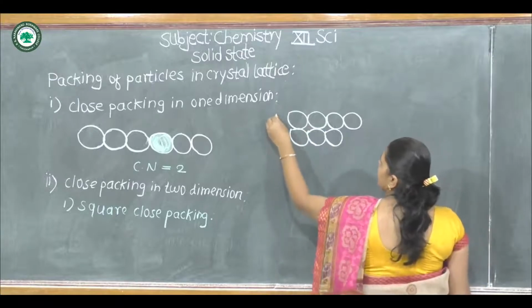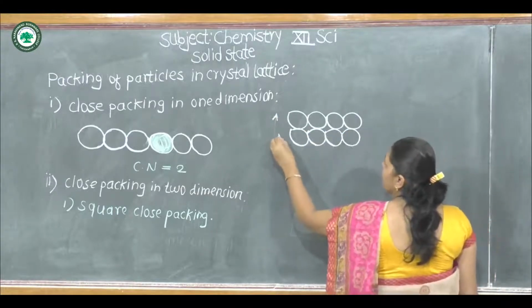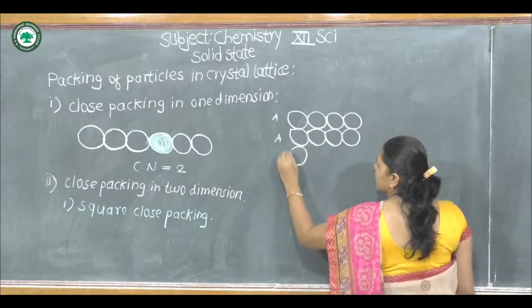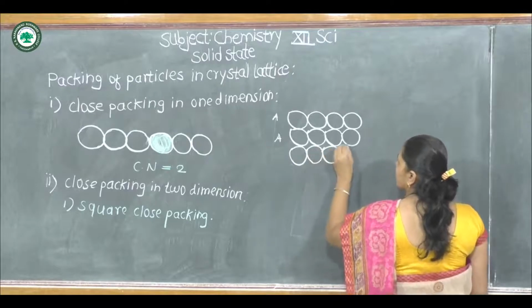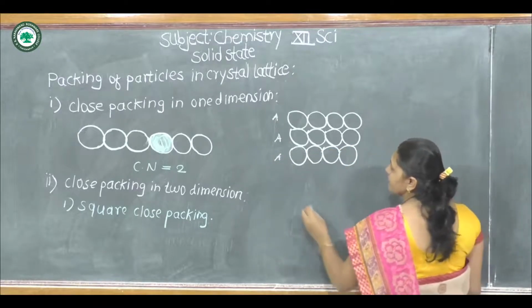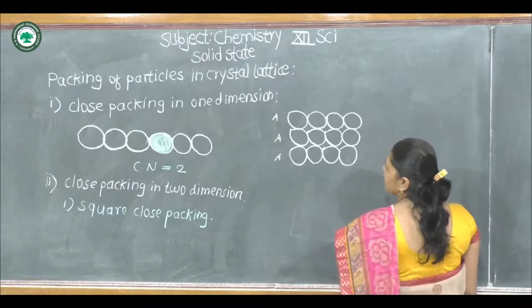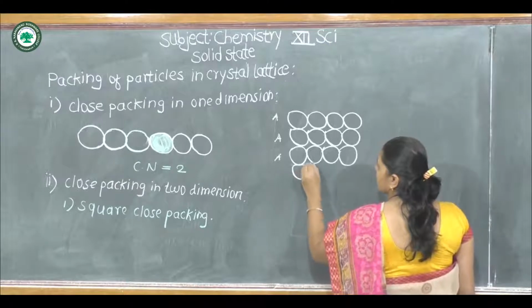This is an A type row, another is also A type, third is also A type, and fourth as well.